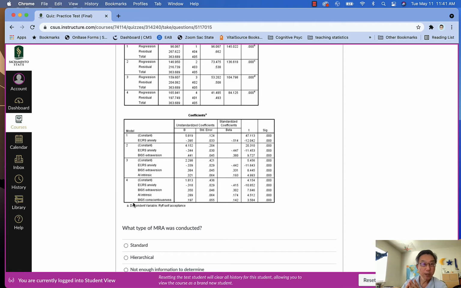Now, whenever you have a scenario, my suggestion is that you spend a little time, maybe a few minutes, to analyze the situation and really understand the scenario and SPSS output before you actually start to answer the individual questions.